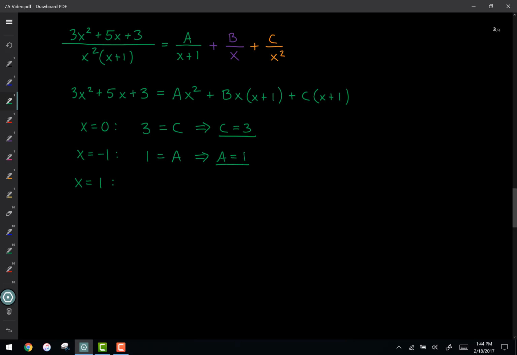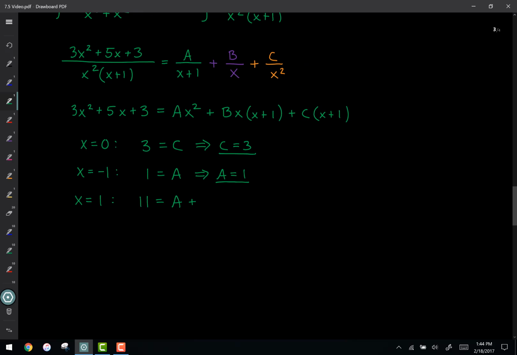So if you plug in 1 on the left-hand side, you'll have 5 plus 6, which is 11, equals a, so let's just do it in steps, times the 1, plus plug in 1 into these two pieces, gives us 2b, plus, again, plug in 1 into the c term, gives us 2c.